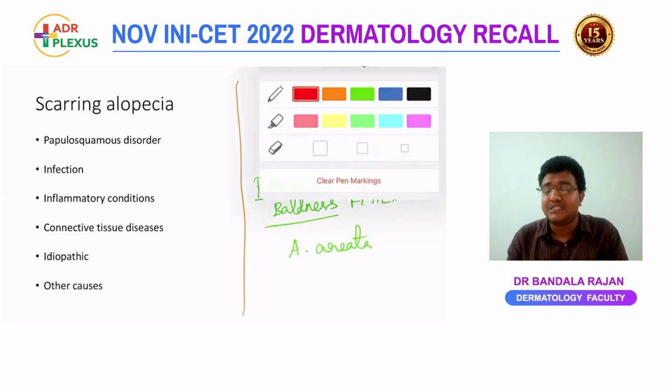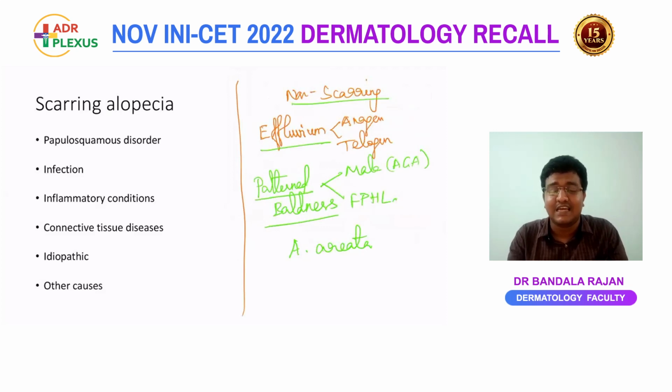In scarring alopecia, we can divide that into various categories like papulosquamous, infections, inflammatory, connective tissue, idiopathic, and other causes. In papulosquamous, the important one is lichen planus related hair fall, which is known as lichen planopilaris. In infection, it is interesting.